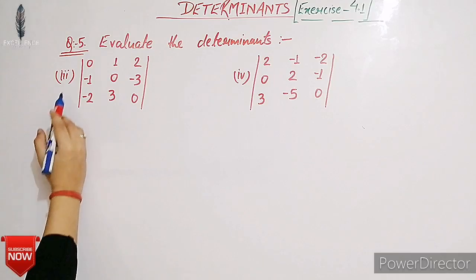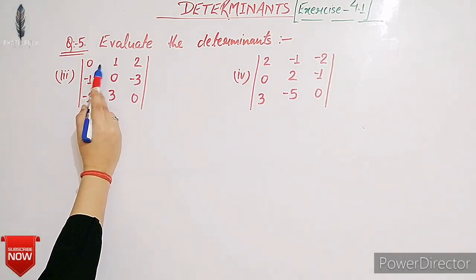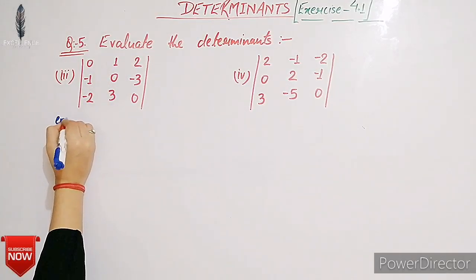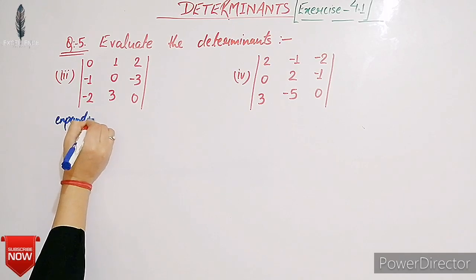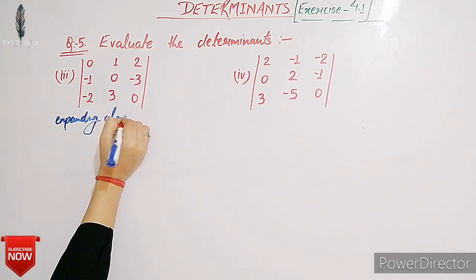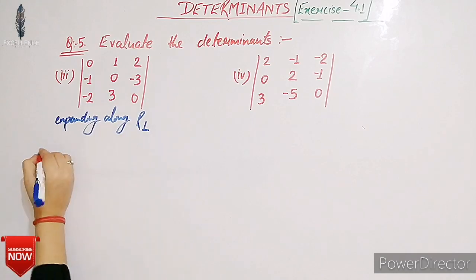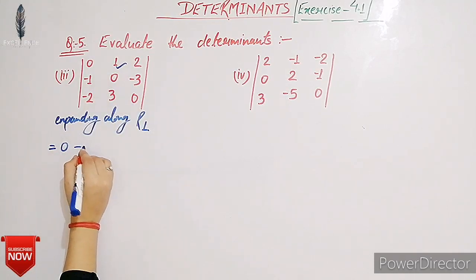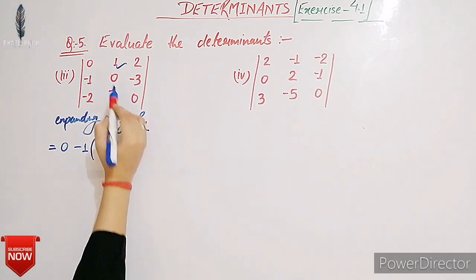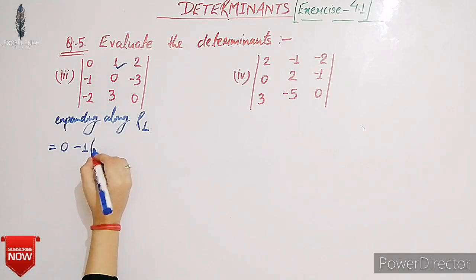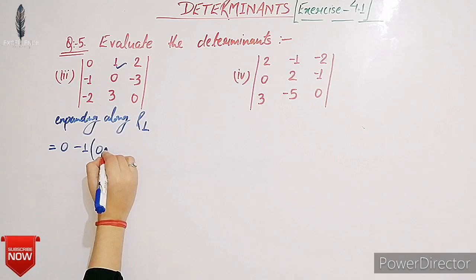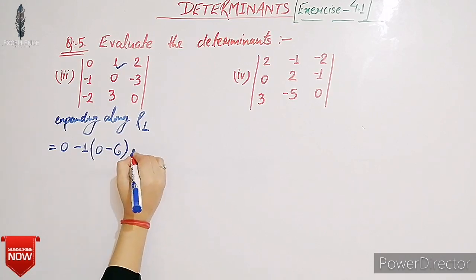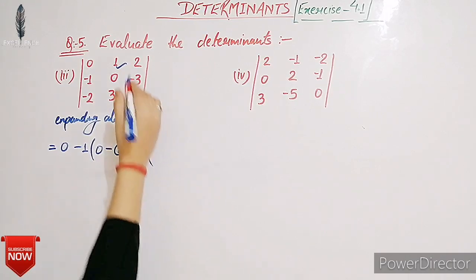Let's see the next, third part. Here we expand along row 1 because it contains 1 0. So we get first is 0, second it is minus 1 because of non-diagonal elements. Then we get minus 1 into 0, 0, and minus 2 into minus 3, that is 6, and plus 2.